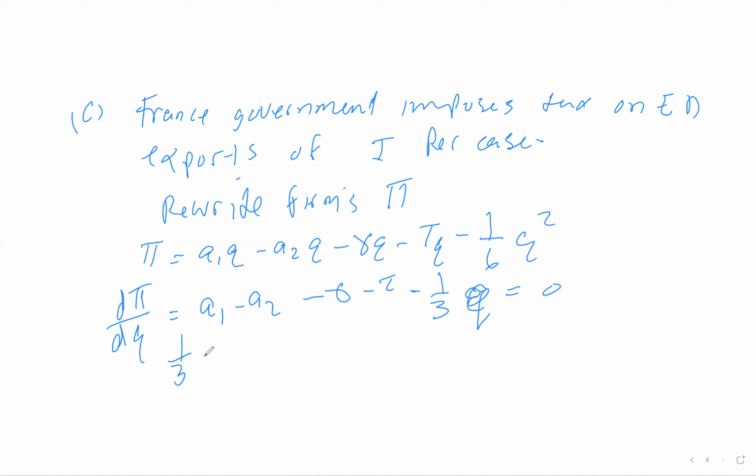Again, 1/3 Q is equal to A1 minus A2 minus gamma minus tau, and therefore Q is equal to 3 times (A1 minus A2 minus gamma minus tau), because bringing this one here, that's 3 times.